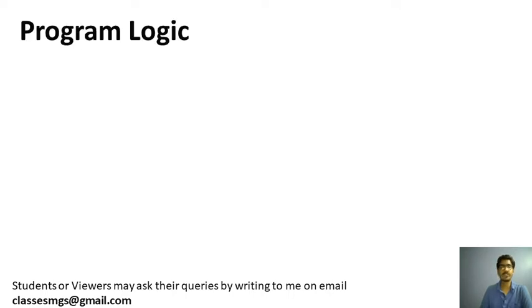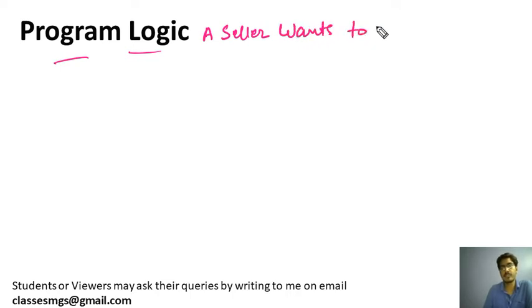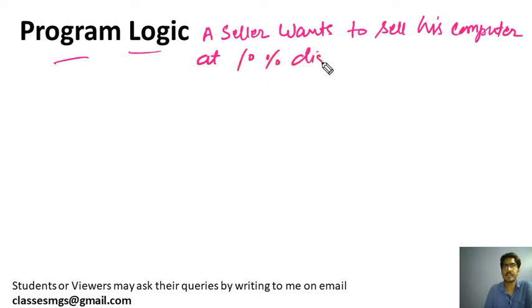So now, as usual, we will understand the program logic first, then we will write the Python code. For the program logic, let's suppose a seller wants to sell his computer at 10% discount to his customer.